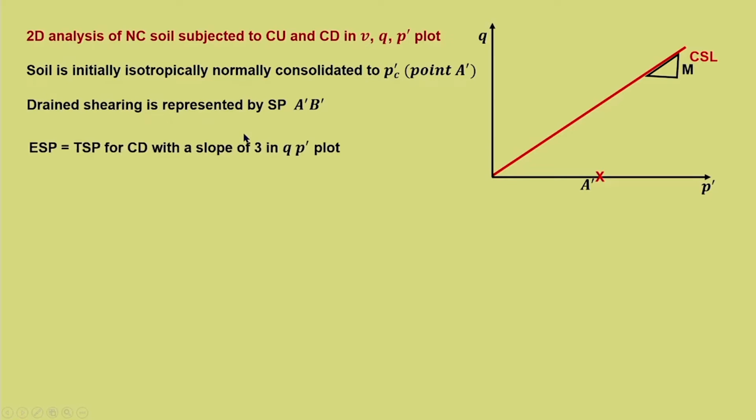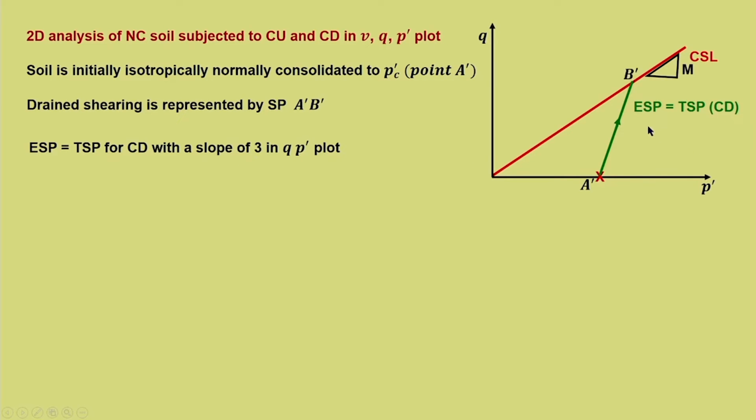Drained shearing is represented by stress path A dash B dash. Now, we know from module 3 that A dash B dash is at an inclination of 3. So, ESP equals TSP, because it is drained. So, this is ESP equal to TSP for CD, that is consolidated drained, with a slope of 3 in the Q-P dash plot.